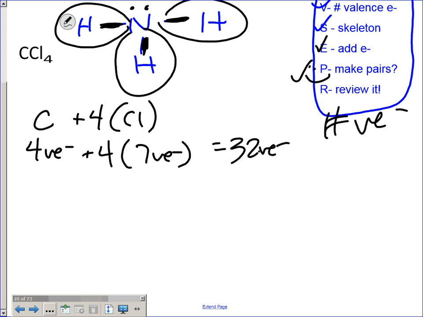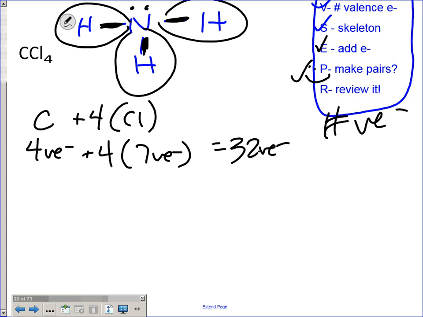I'm adding them by looking where? At the periodic table, looking for the group numbers. So the group number is the valence electron number of that particular atom. So I did 1 carbon at 4 valence electrons because it's in the 4th group. 4 chlorines give me 7 times 4, which is 28. 28 plus 4 is 32. All right, so having counted my valence electrons, I have 32.